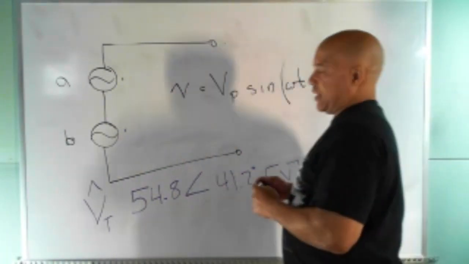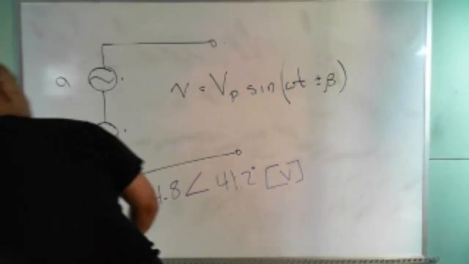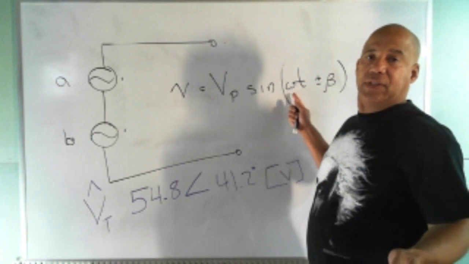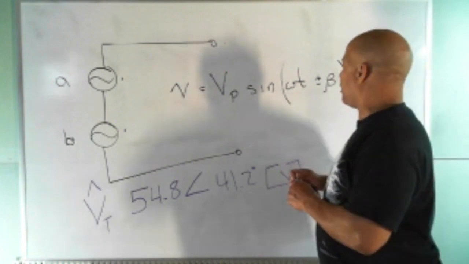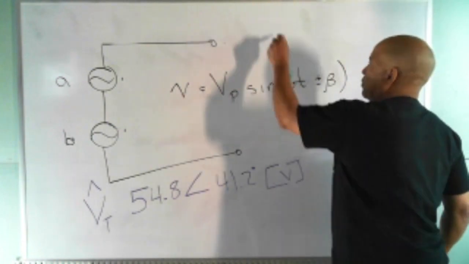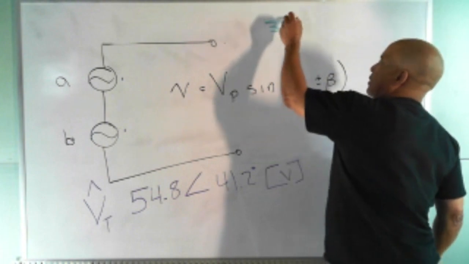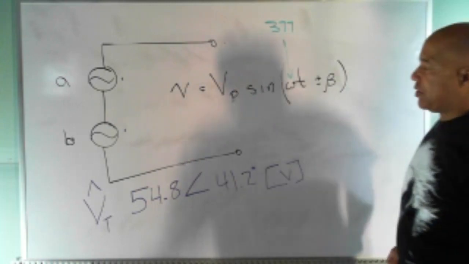So the first thing I know is, well, this I know, right? The frequencies are the same, so the omegas are the same. If you go back at the problem, they gave us 377 radians per second. So that I know.